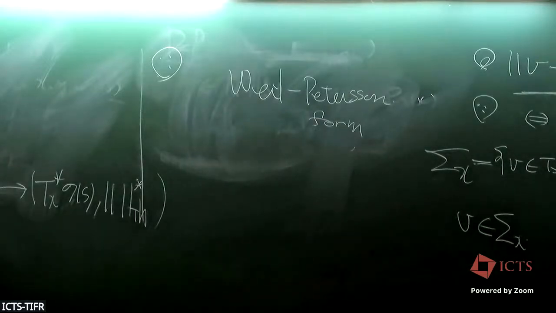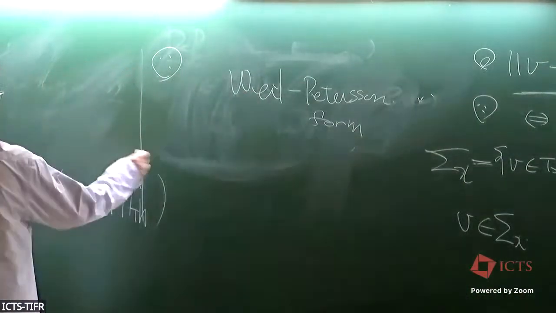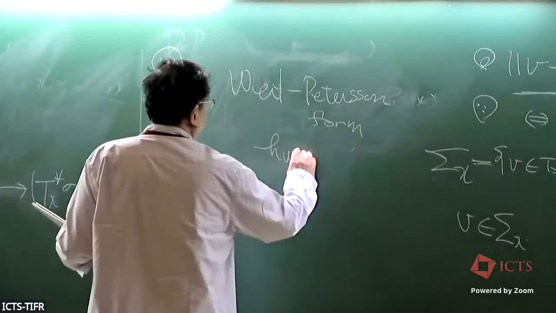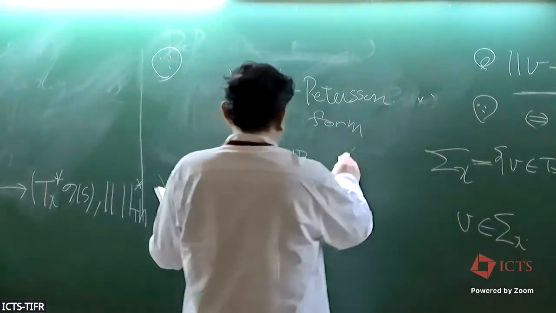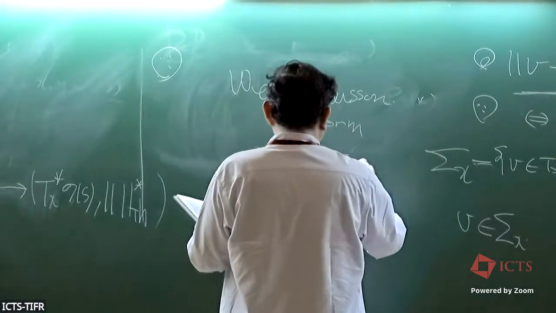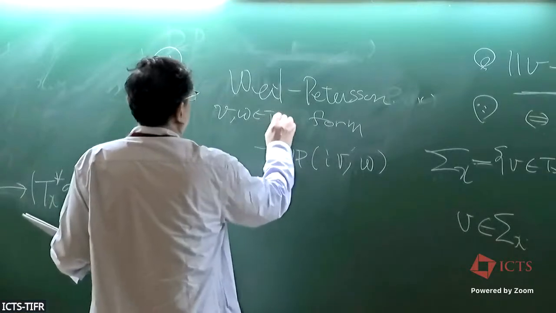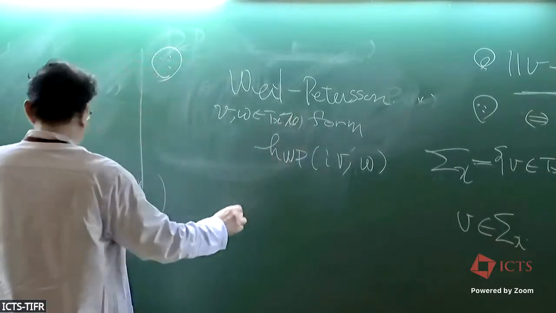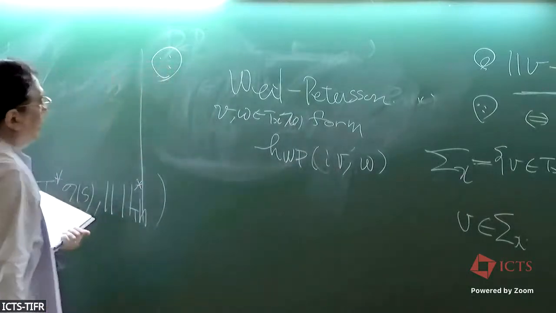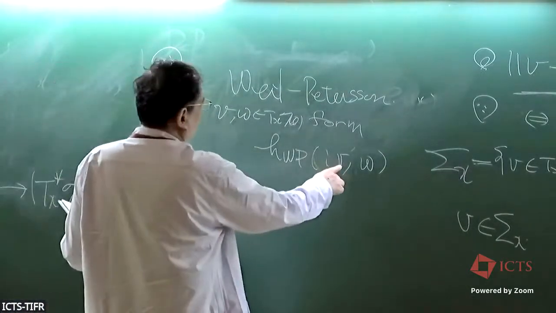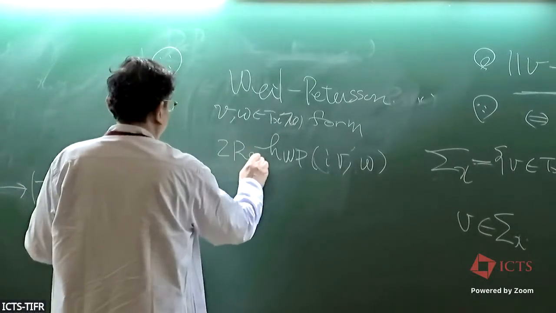So you have a form, something like that. If I'm not wrong with the coefficient, this is the imaginary number times v, then probably 2 times the real part.